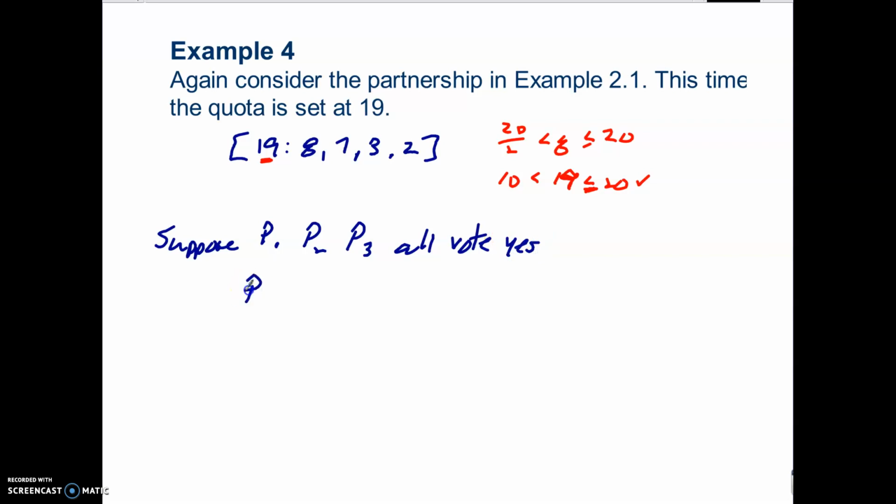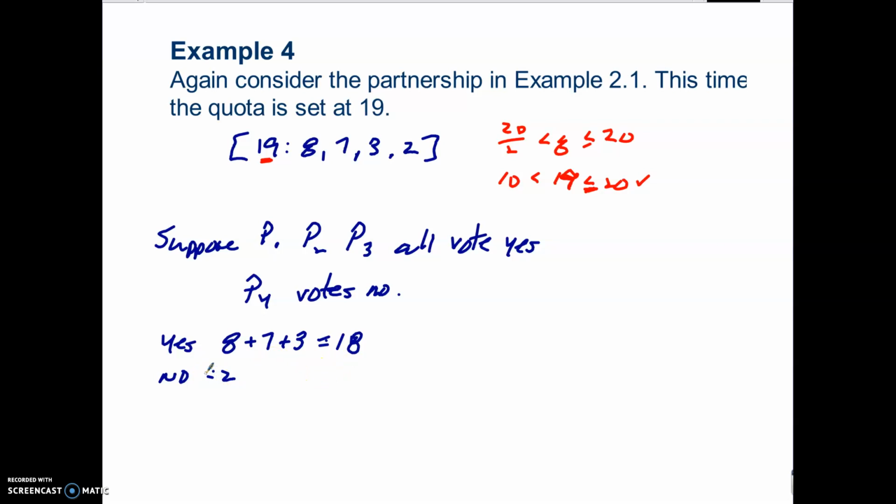And player 4 votes no. Let's look at the situation we have. So the total number of yes votes are player 1 with 8, player 2 with 7, and player 3 with 3. That is 18 total votes. And player 4 is the only no vote, and that is 2, right?